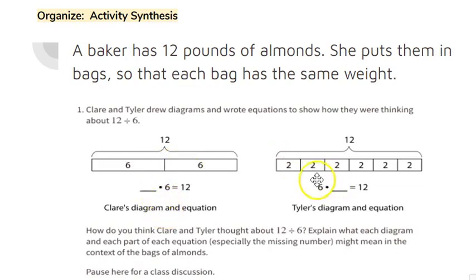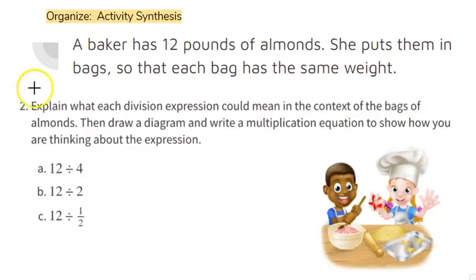If you're talking about 6 bags, then this is talking about 2 pounds in each bag. So it really depends on what you're thinking about as far as how you're explaining it, and what the question's asking for too. Okay, so now we've got some division still with that original 12 pounds. What do each of these mean?